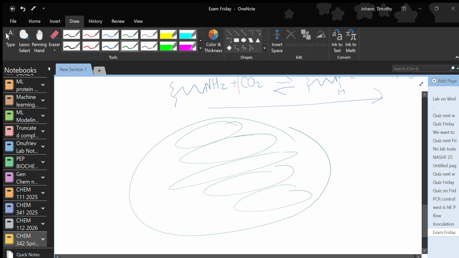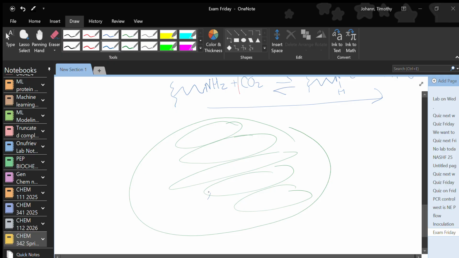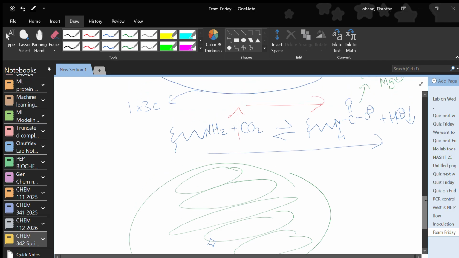And so the carbamate is also in the stroma? The carbamate, yes, is part of rubisco. The line right here is like the backbone of rubisco, and this is just one of the side chains. This is rubisco. Good questions.